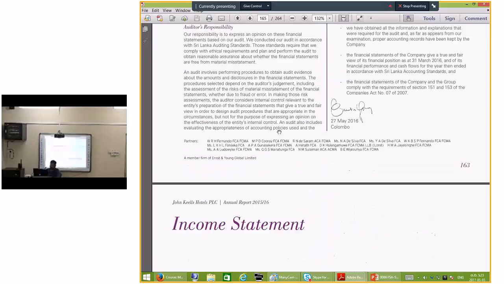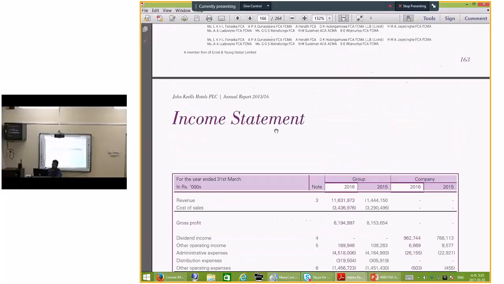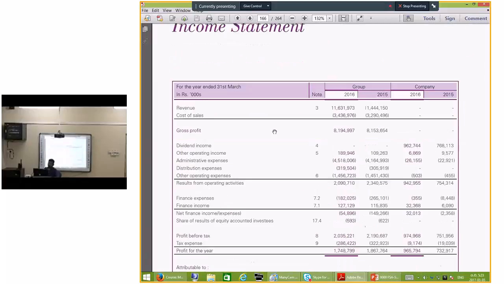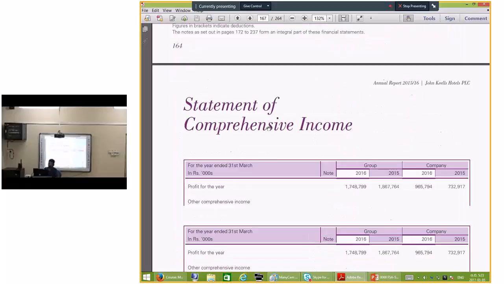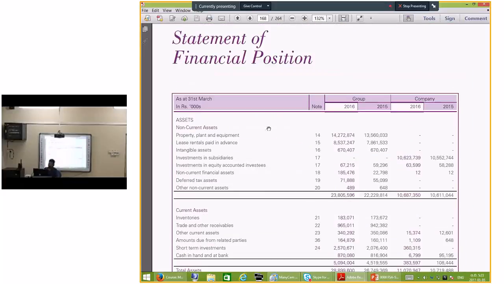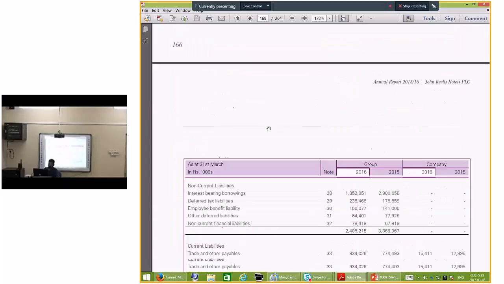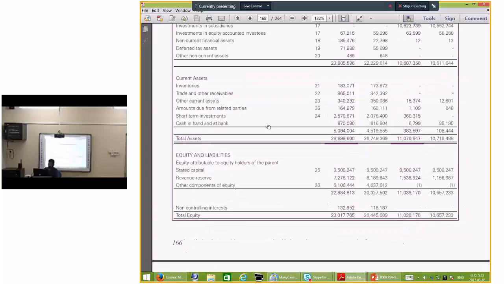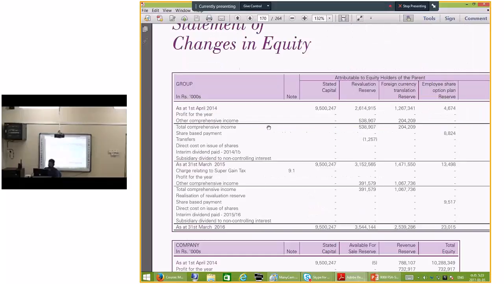Independent audit report. Now you can see the income statement after page 166, right? Comprehensive financial statements, income statement, statement of financial position, right?